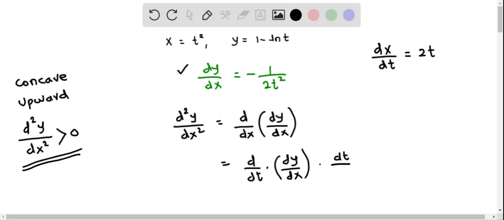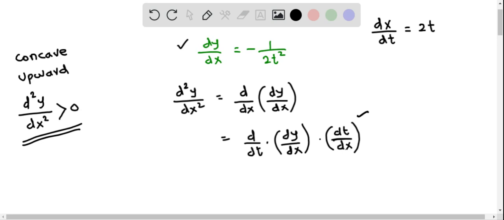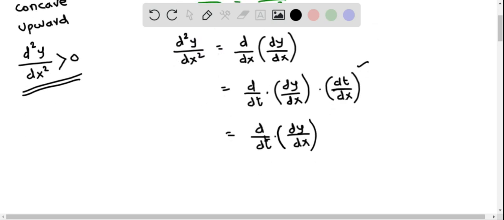That is, we multiply with dt by dx. Or otherwise, we can write this as divided by dx by dt. So I write down d by dt of dy by dx, and this is over dx by dt. So basically, this is the formula to find the second derivative of y when we are given the parametric equation.